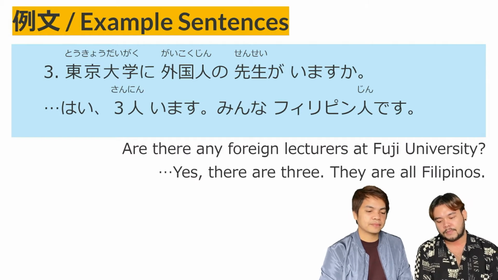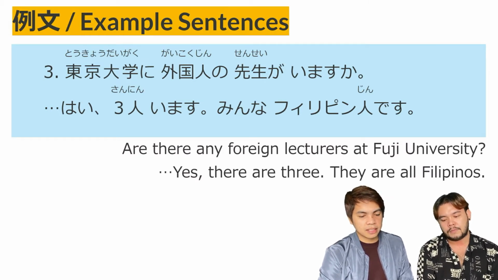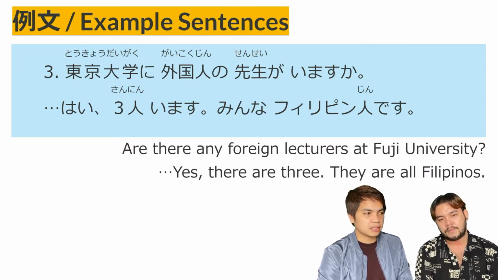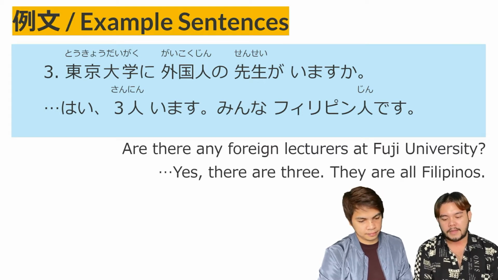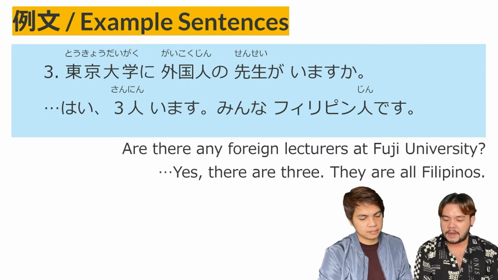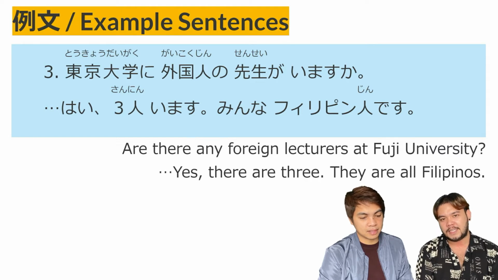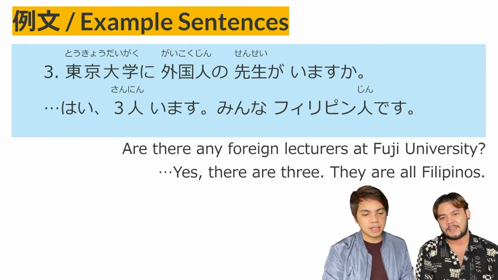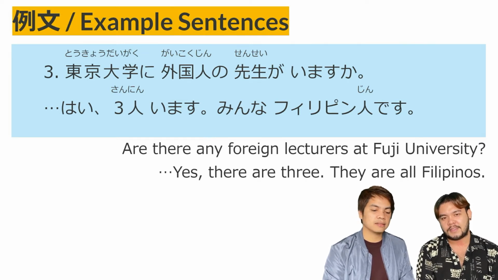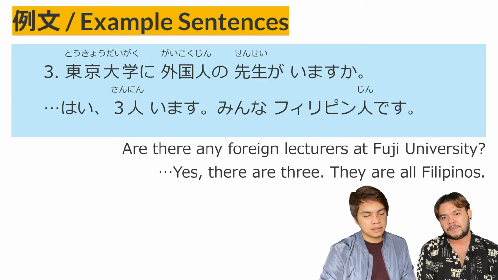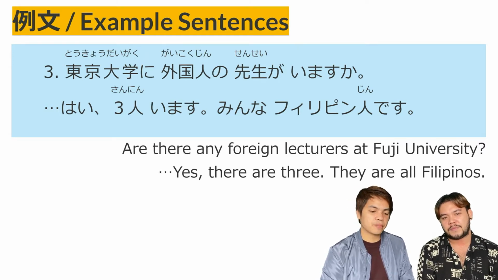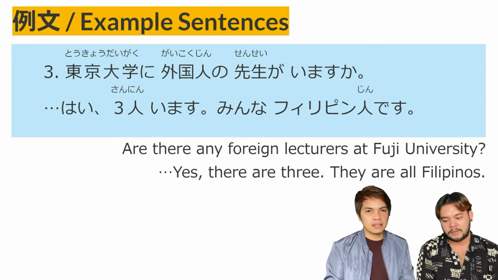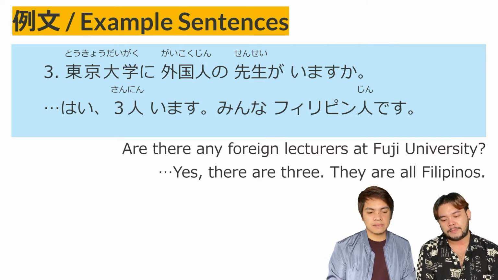Number 3. Tokyo Daigaku ni gaikokujin no sensei ga imasu ka? はい。3人います。みんなフィリピン人です。 Gaikokujin no sensei is foreign teachers. Are there foreign teachers in Tokyo University?